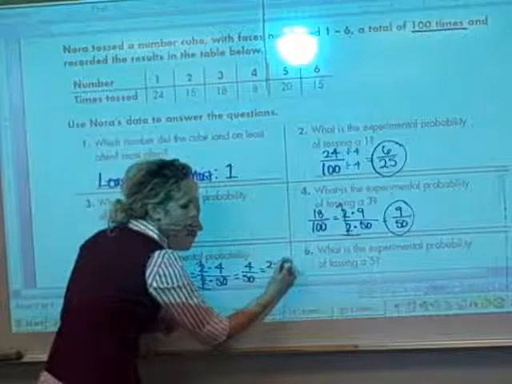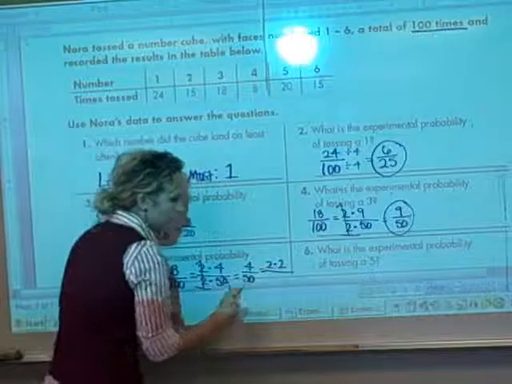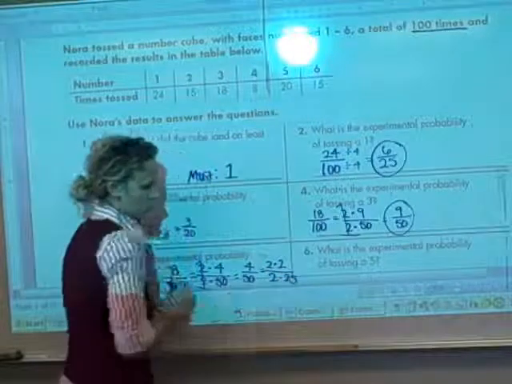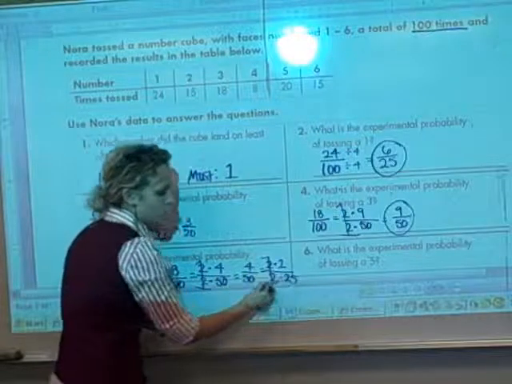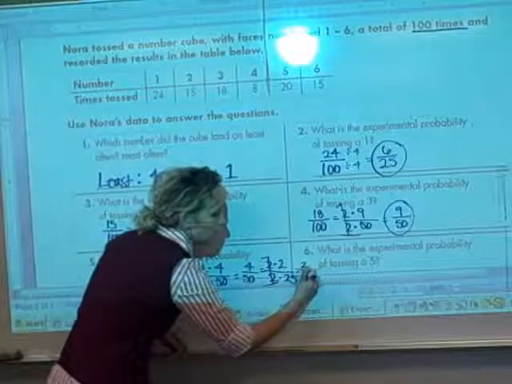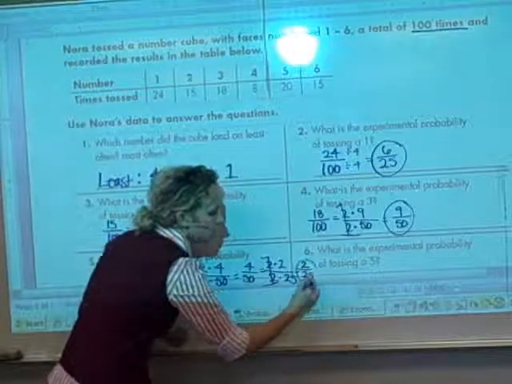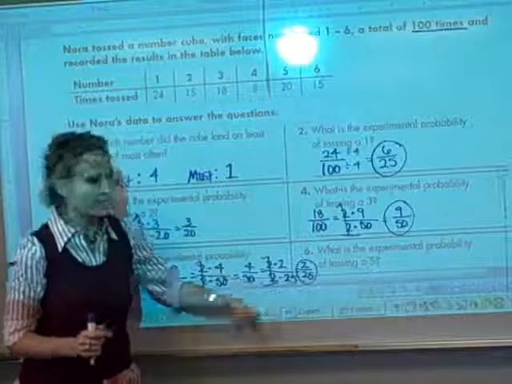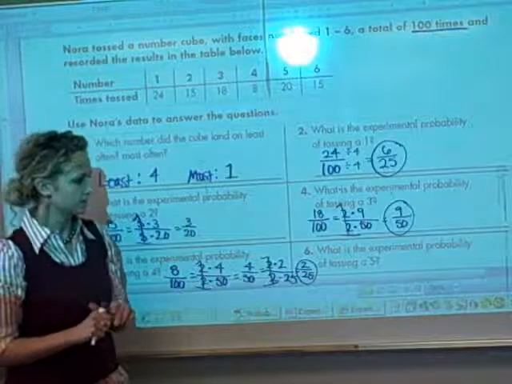So 4 I could write as 2 times 2. 50 I can write as 2 times 25. 2 over 2 is 1, so I'm left with 2 over 25. And 2 is even, but 25 is not, so I can't simplify that anymore.